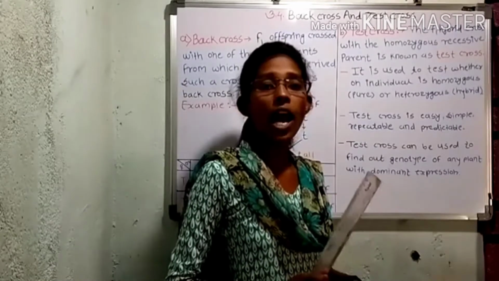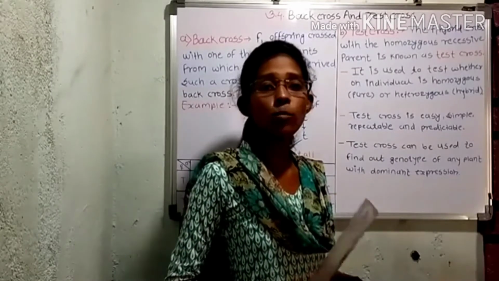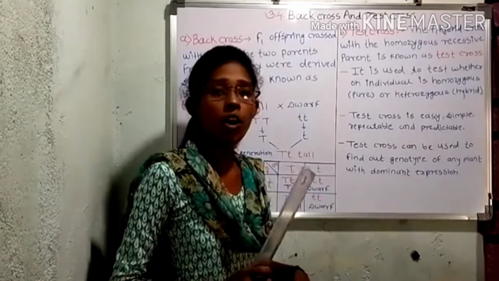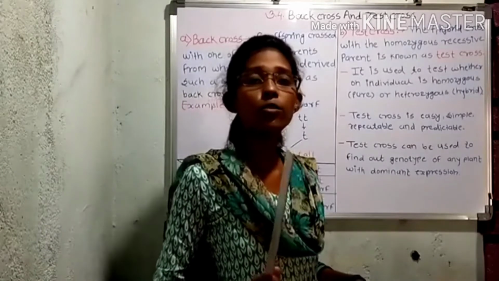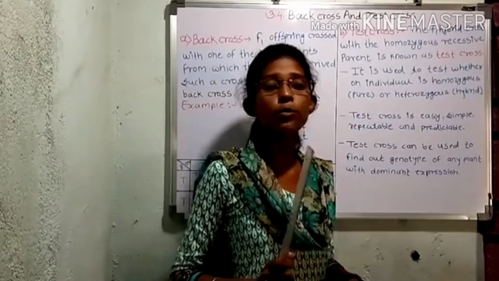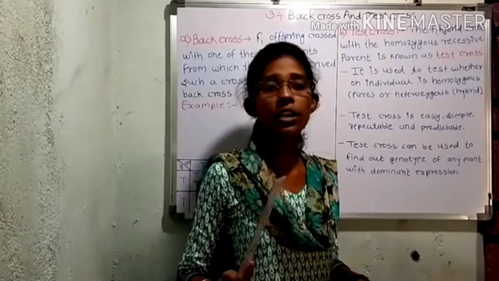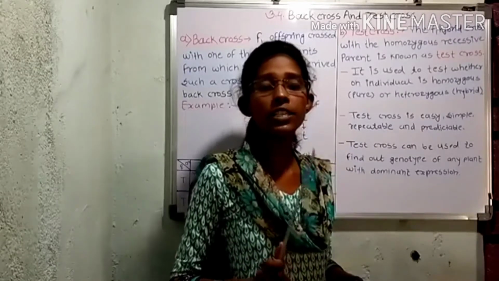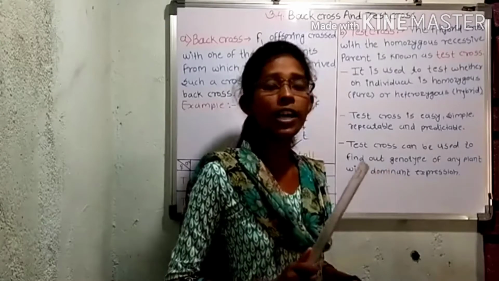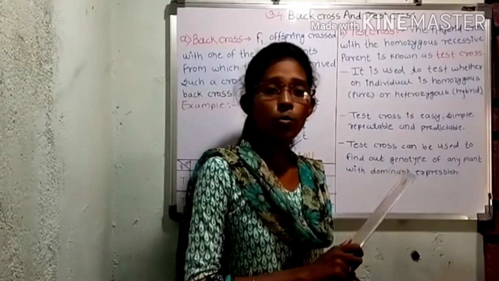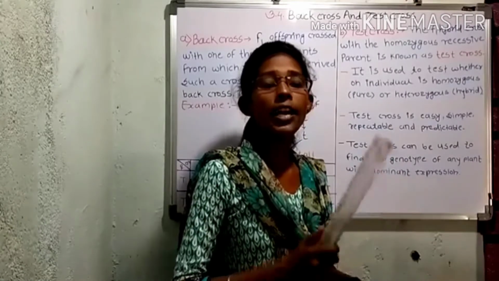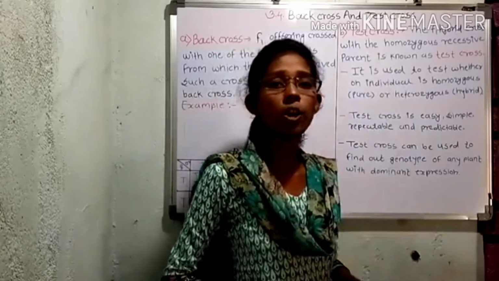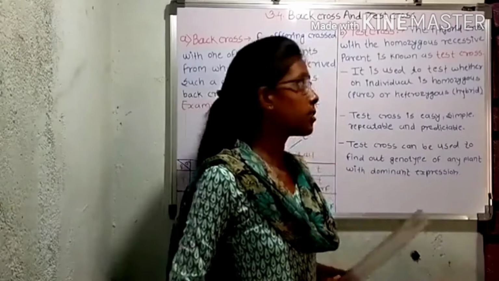But in the case of a hybrid tall plant, it is not possible to know its genotype, because in the F1 generation all tall plants have a heterozygous genotype, but in the F2 generation not all tall plants are heterozygous. 25% of the tall plants are pure. Therefore, to find out whether a tall plant is homozygous or heterozygous, we perform the test cross instead of selfing of the F1 generation.